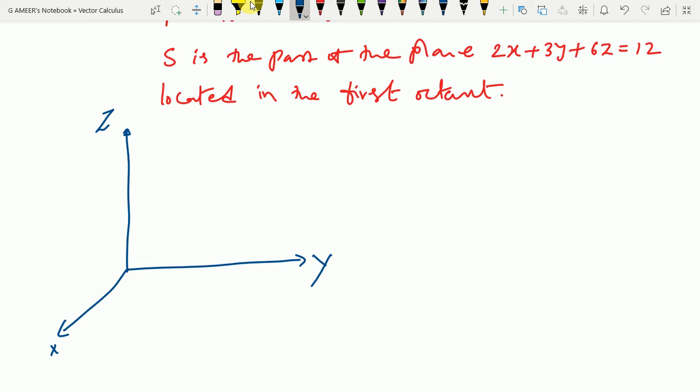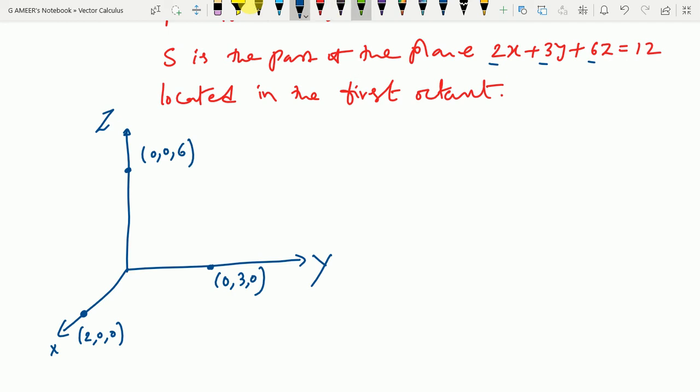So the plane has intercepts x is 2, y is 3 and z is 6. So the points will be located like this. This is the point 2, 0, 0, this is 0, 3, 0 and this is 0, 0, 6.